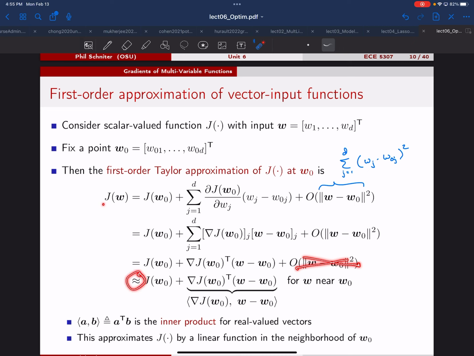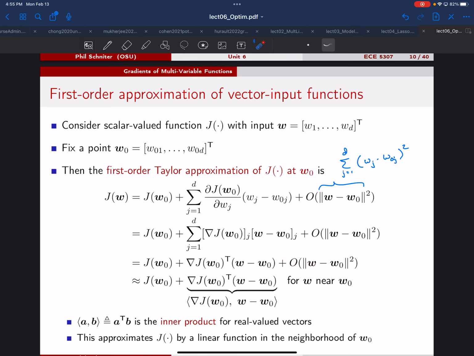So now this is no longer equal. They're no longer equal, but we can say they're close when W is near W naught. So we've gone from an equality to an approximation in that step, and now we don't even have to worry about this. It's gone.